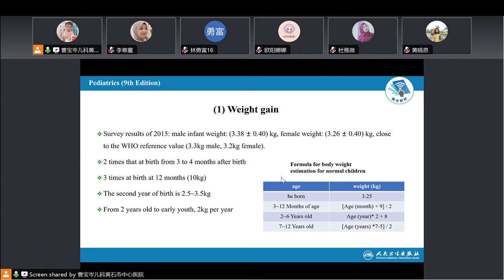We can see the formula for body weight estimation for normal children, for a boy. From 3 to 12 months of age it is month plus 9, divided by 2, and there are formulas for 2 to 6 years old and 7 to 12 years old.